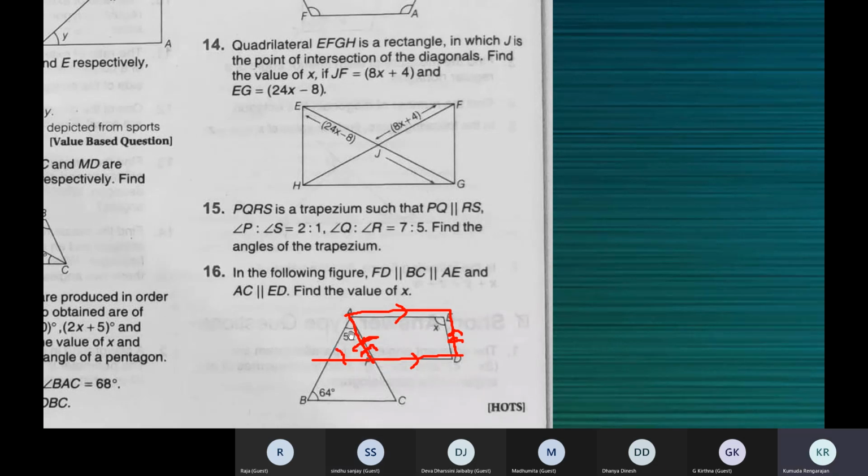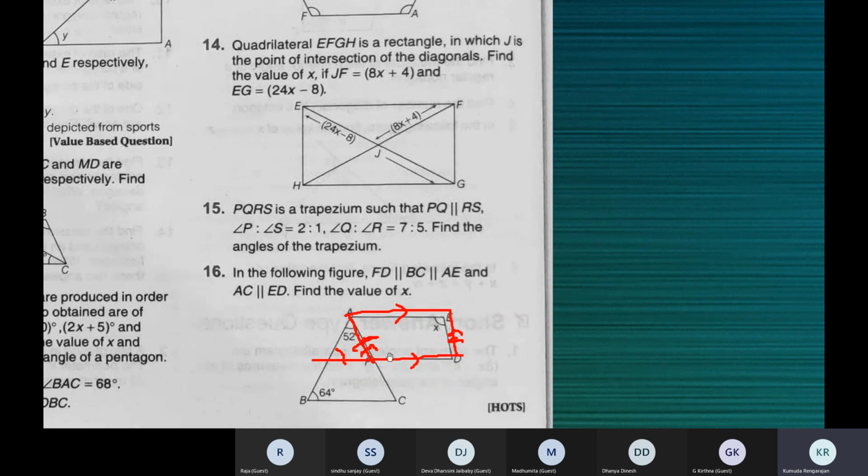Now, with 52 and 64, you can find this angle because this is the exterior angle of this triangle. This is the triangle, and this is the exterior angle, yes or no? Yes, ma'am. See, this is the triangle, not this big triangle, the small triangle. In this small triangle, the side is produced.